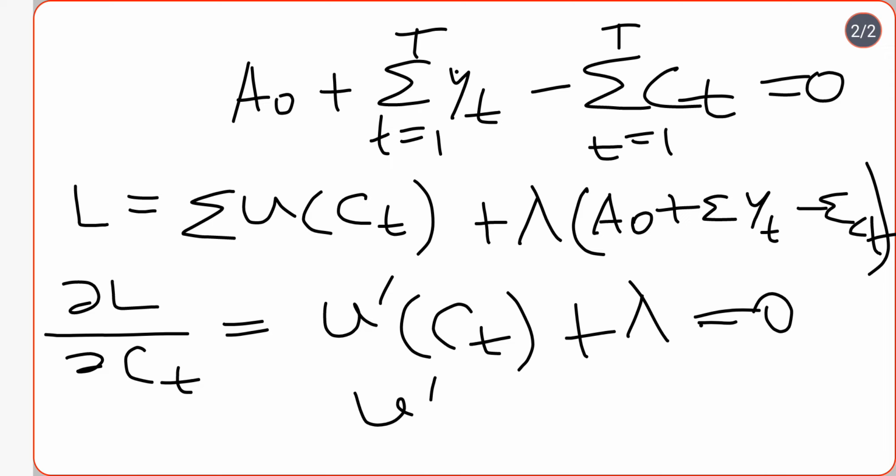So now it has become u dash Ct is equal to lambda. That means marginal utility is constant, as lambda is constant and u dash Ct is marginal utility. So we can write from here that marginal utility is constant.